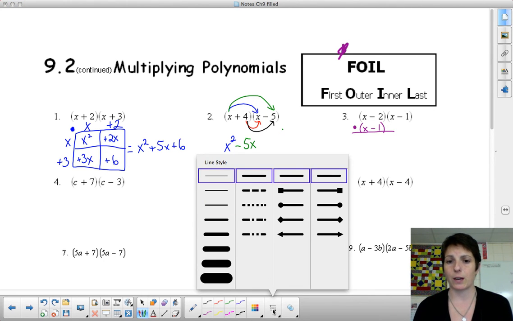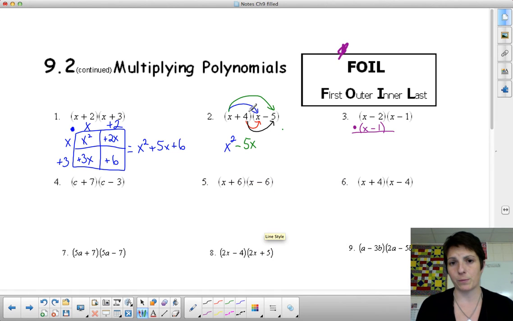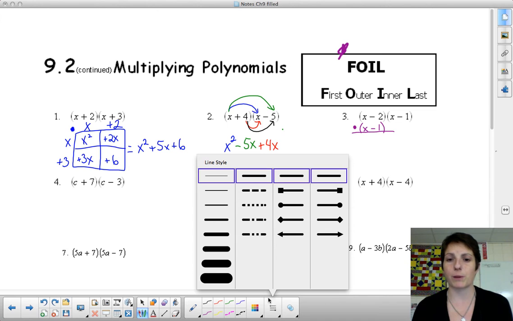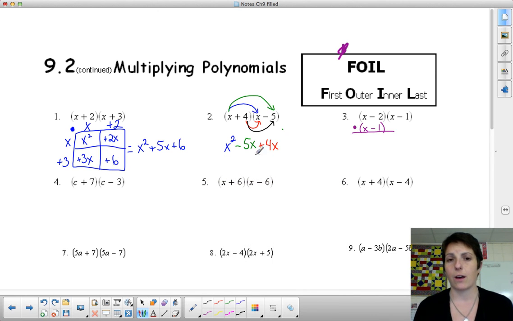We need to do the inner term times the inner term, so they're on the inside. 4 times x gives us plus 4x. And the L in FOIL stands for last. We need to multiply the last terms. So positive 4 times negative 5 to get negative 20.